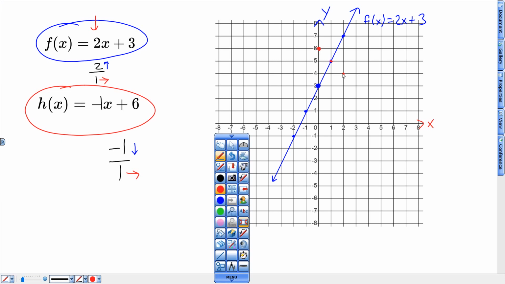Stair step opposite way. Draw a line through those best you can. Use a straight edge. Label that.